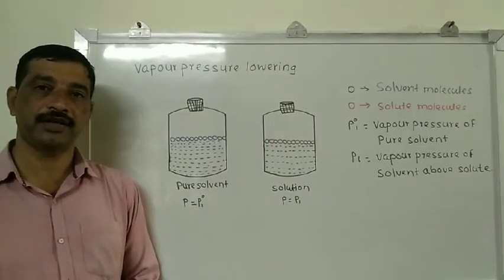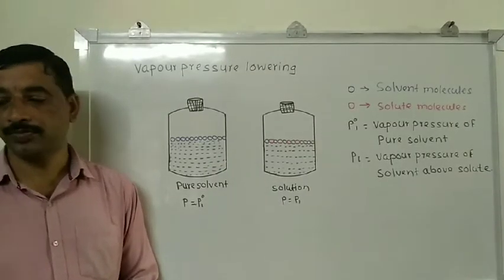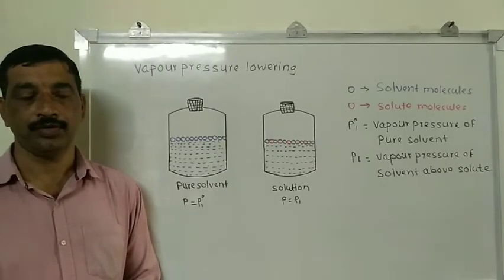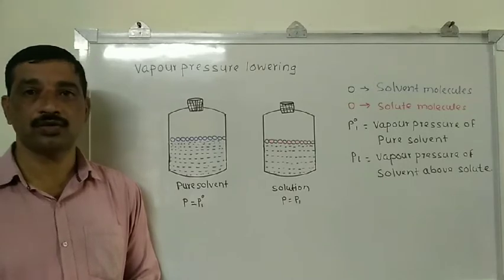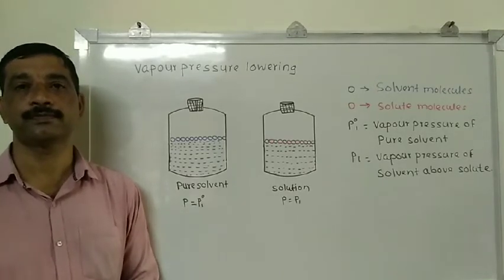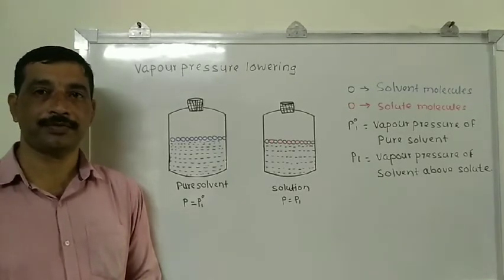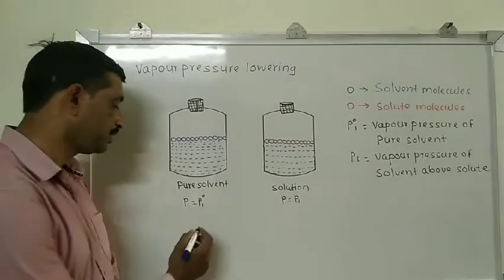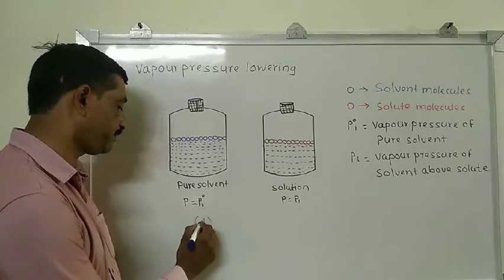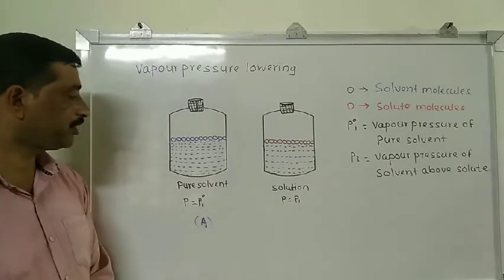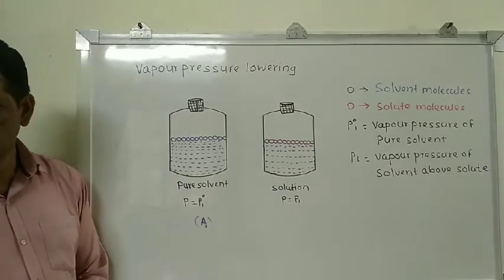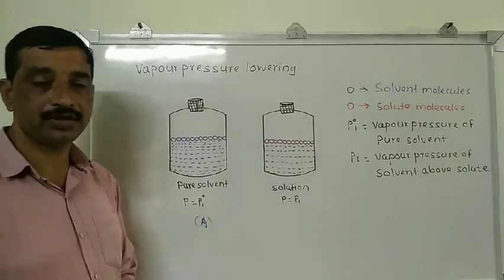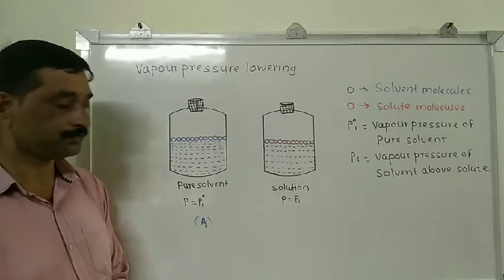So the next point is the first colligative property, that is vapor pressure lowering. Before considering vapor pressure lowering, we just revise the concept of vapor pressure. Consider this figure. Figure A indicates a container which contains pure solvent.